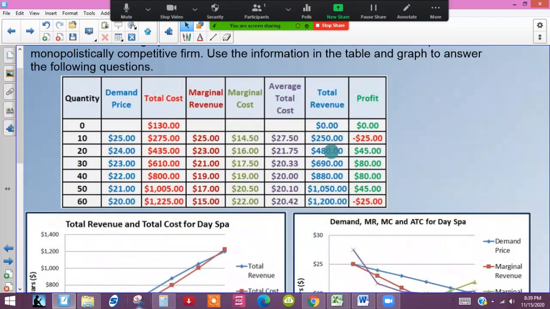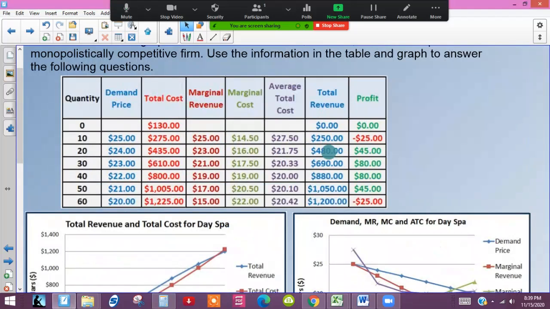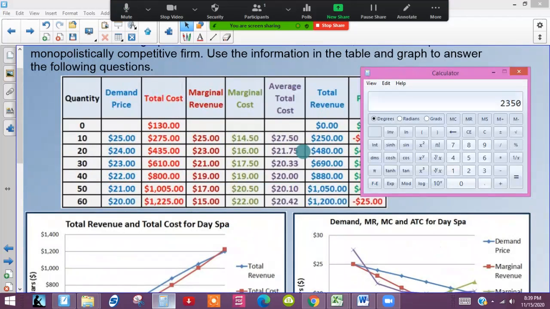So we get our calculator and we subtract the revenue at 10 from the revenue at 20 to get our change in revenue. So that's going to be 480 minus 250.